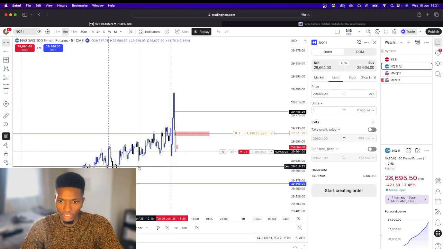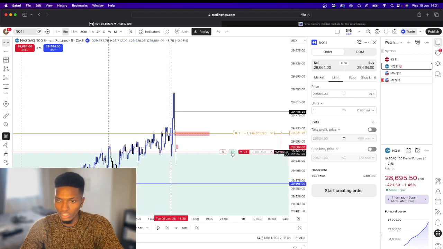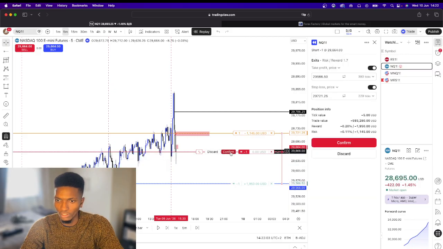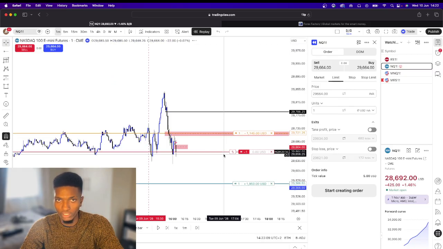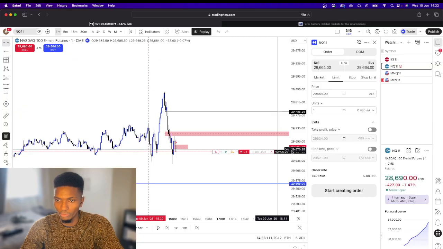We have that, and we also have the London low. So in this case, I targeted the London low, right? And then confirm again. Then we can do the bar replay and see how it played out.